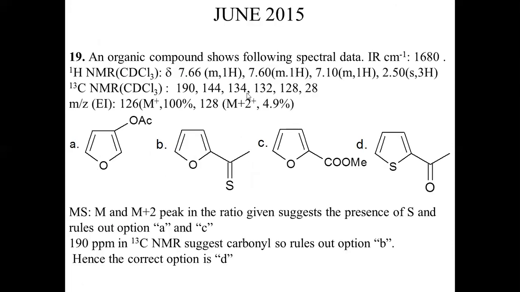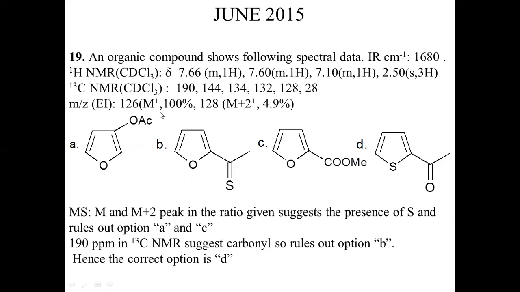Now, a June 2015 question. An organic compound shows the following spectral data. You have been provided with IR values, proton NMR, C13, and mass. Now, it's not always that you start with the IR value. You can also go with the mass value.